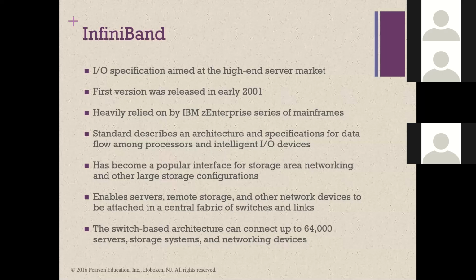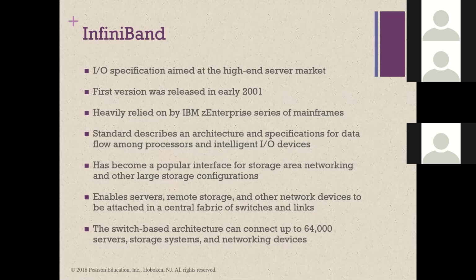InfiniBand has become a popular interface for storage area networking, SAN, and other large storage configurations. In essence, InfiniBand enables servers, remote storage, and other network devices to be attached to a central fabric of switches and links. The switch-based architecture can connect up to 64,000 servers, storage systems, and networking devices, and so on.